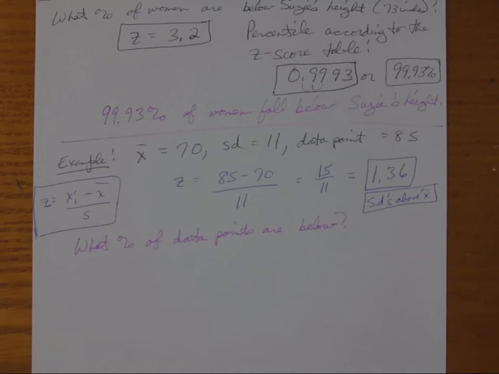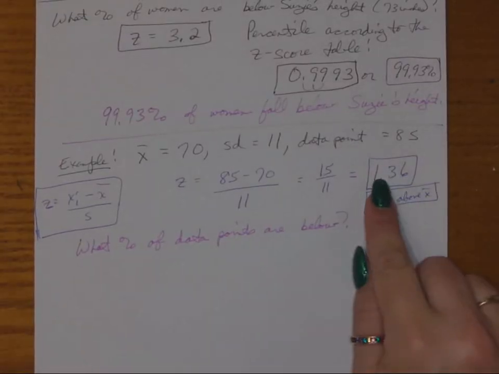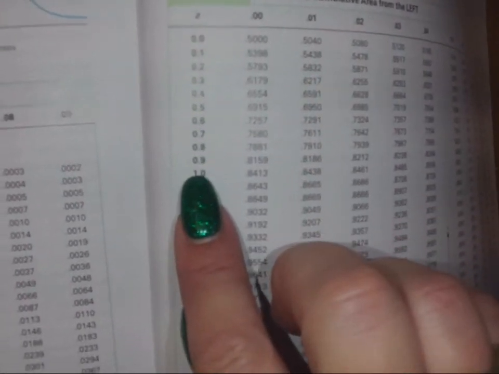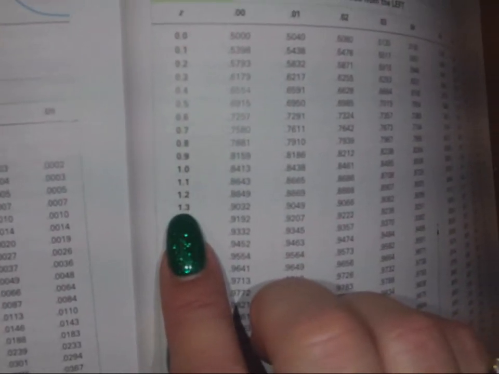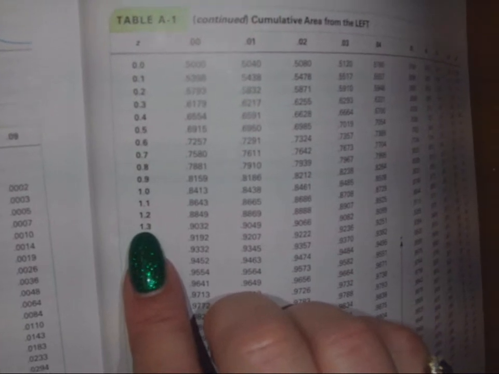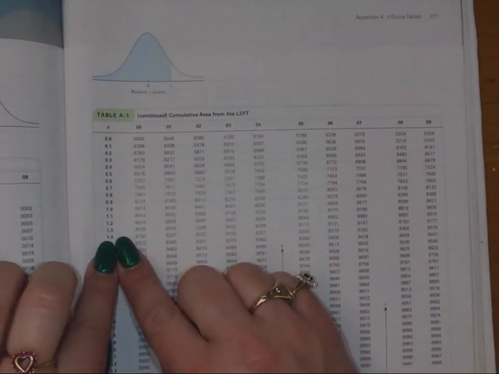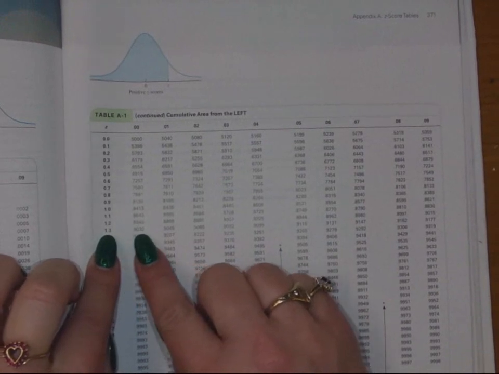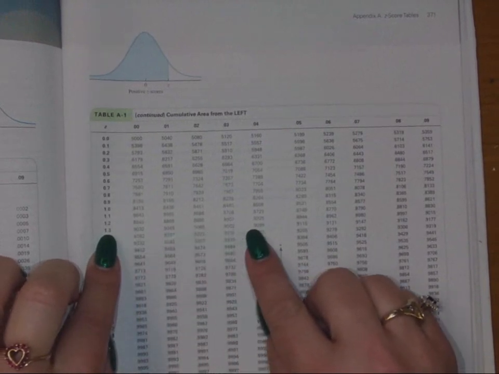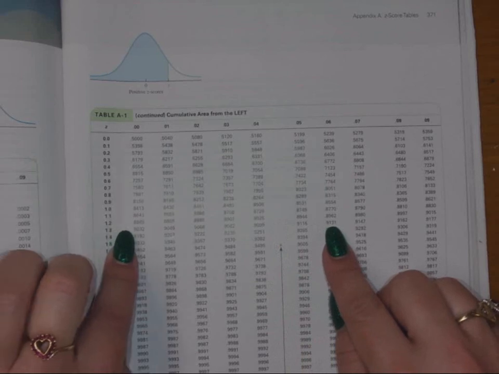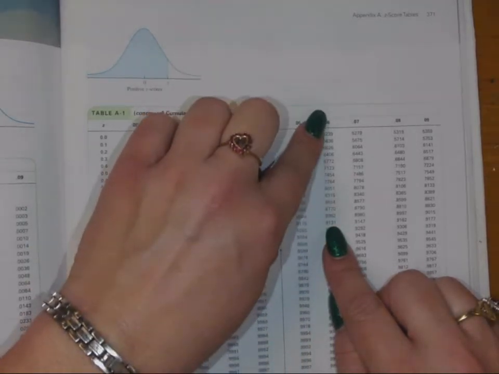That's where it just becomes a matter of being able to read the z-score table. I need 1.36. In the first column, here's my z-score, the first little bit, 1.3. I need 1.36, so I'm going to follow this line over until I get to 1.36.